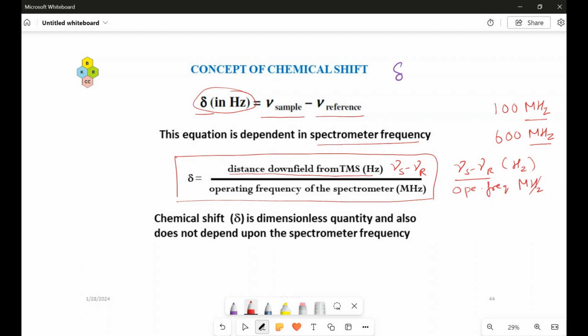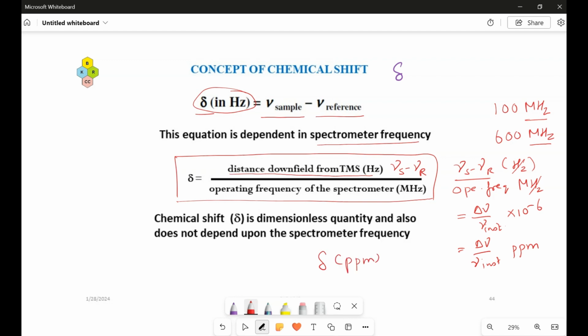So hertz and hertz will cancel. You'll have 10 power 6 in the denominator. So I'll have delta nu by nu of the instrument into 10 power minus 6. So this becomes delta nu by nu of instrument in parts per million. That is why delta is given in parts per million.